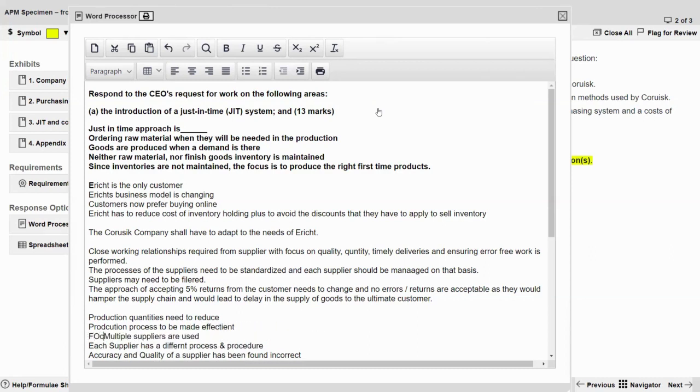Focus to be shifted from bulk production to quality production within the allocated or available time.